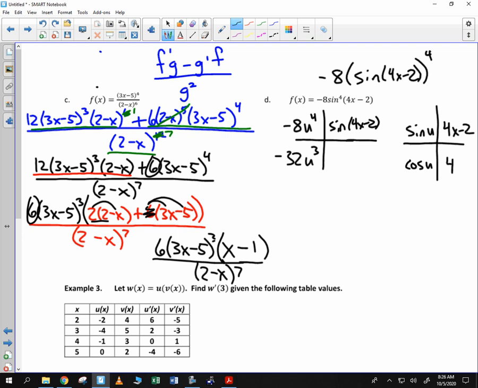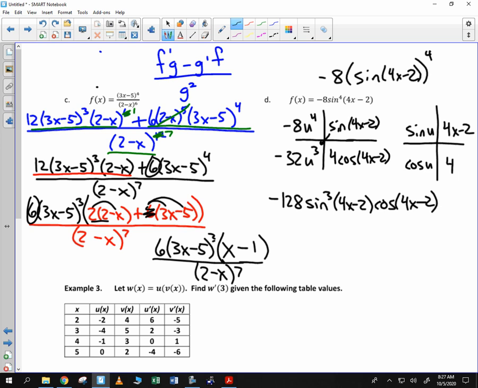So I get 4 cosine of 4x minus 2. When you multiply these together and substitute the sine back in, you get negative 128 sine cubed of 4x minus 2 times cosine of 4x minus 2. And that's it.